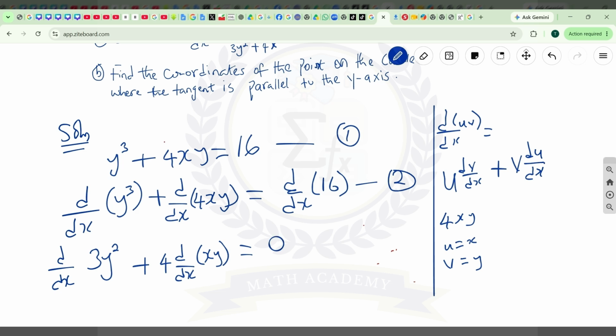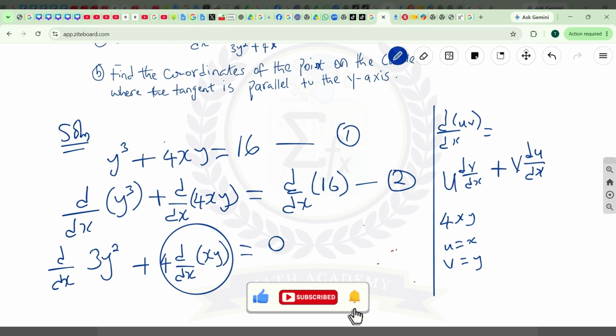So now let's differentiate this, and I'm going to show you how. Using the product rule here, I know that my u is equal to x and my v is equal to y.